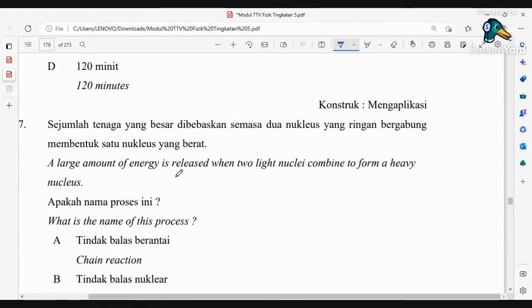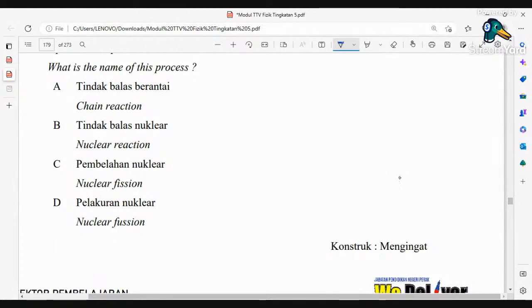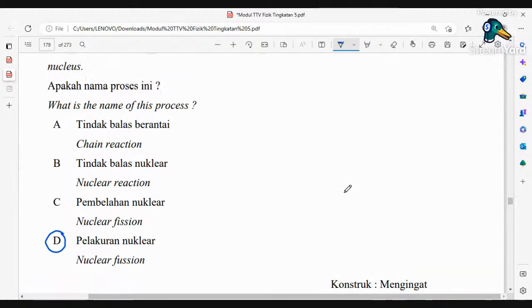A large amount of energy is released when two light nuclei combine to form a heavy nucleus. So this process we call fusion, fuse. Ini ialah fusion, nuclear fusion. Lighter nuclei combining to become heavier is fusion.